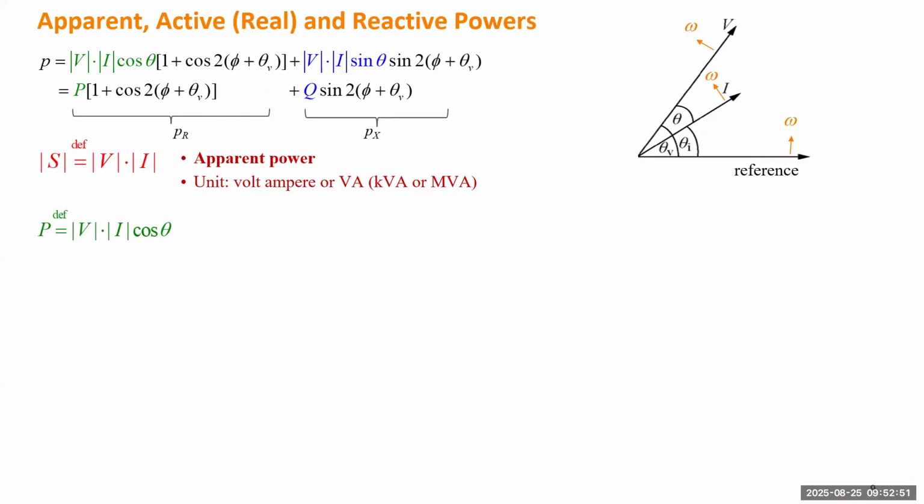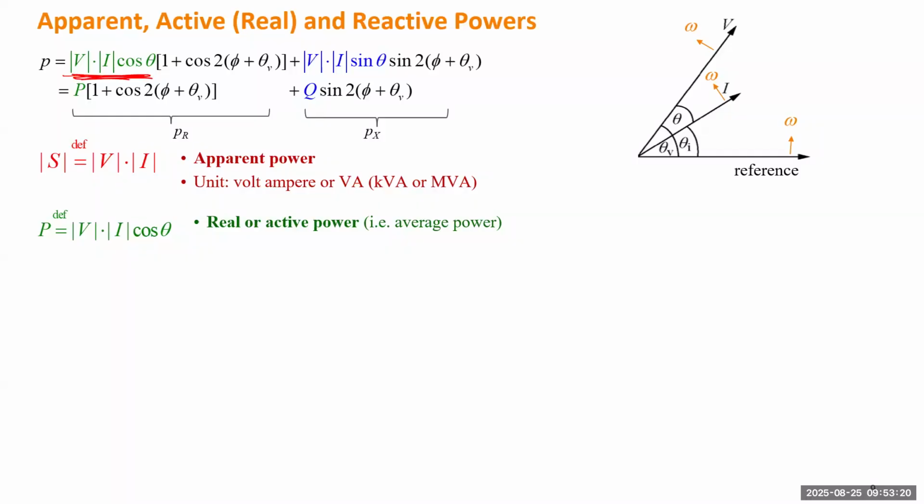And we calculate the product of the RMS value of voltage, current, and the cosine theta as the active power. So this one really indicates the real and active power, or the average power, because this corresponds to this one.